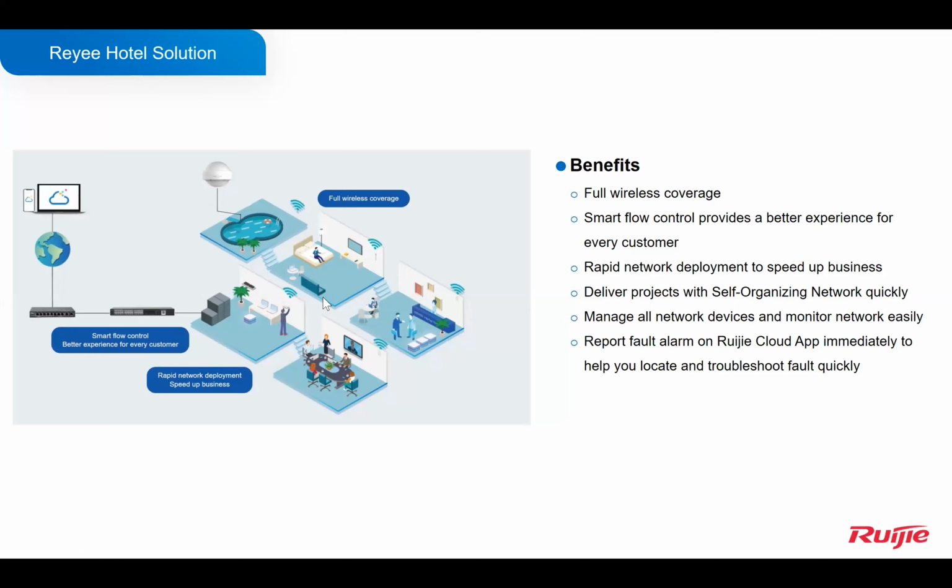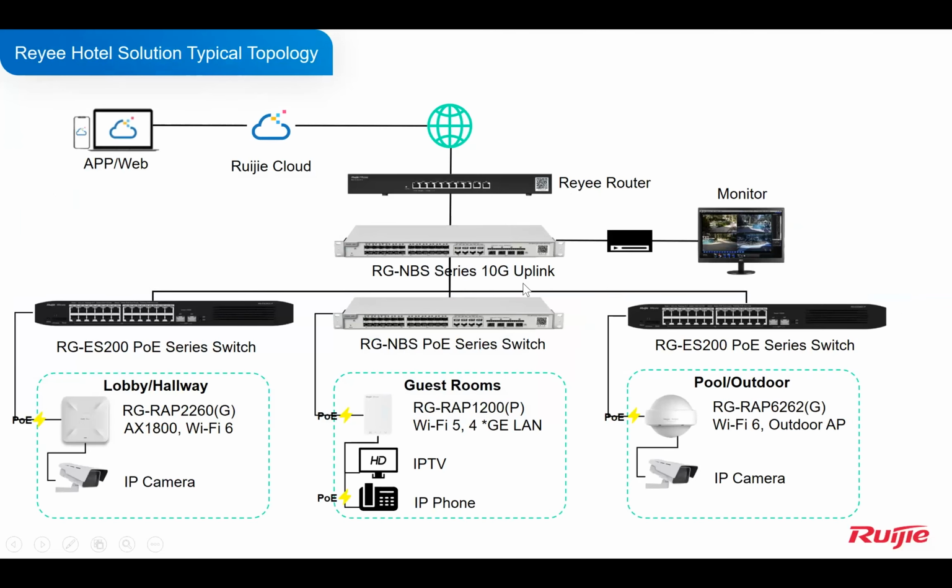For management, we provide the Reyee Cloud to help our customers manage and maintain the network easily and quickly. So now let's get into how to do the configuration and our Reyee Hotel Solution typical topology.